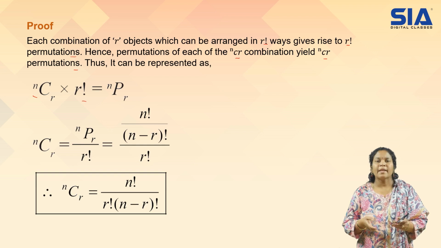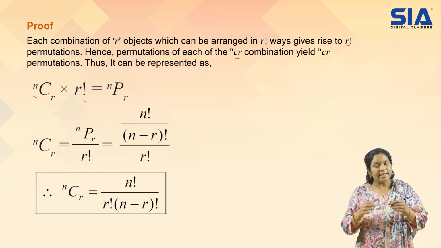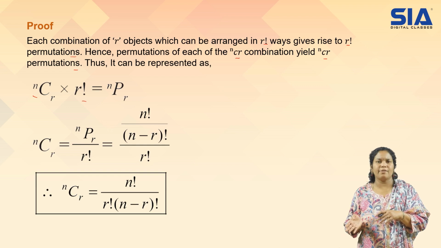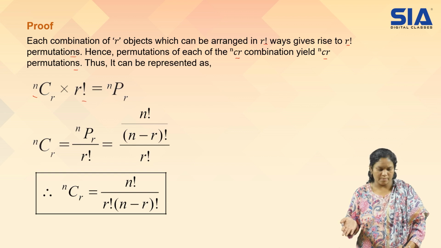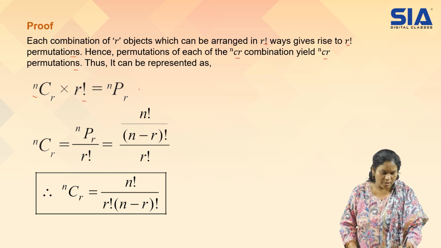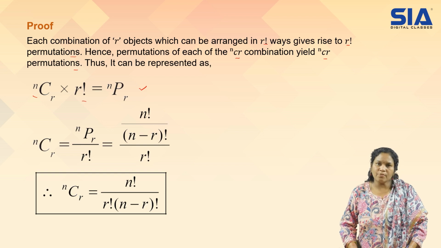Now if you want to convert into permutations, you have to consider NCR into R factorial. R factorial is arranging R objects in different ways. If you take R factorial, it is possible. So NCR into R factorial gives NPR. So this becomes the permutation formula for us.